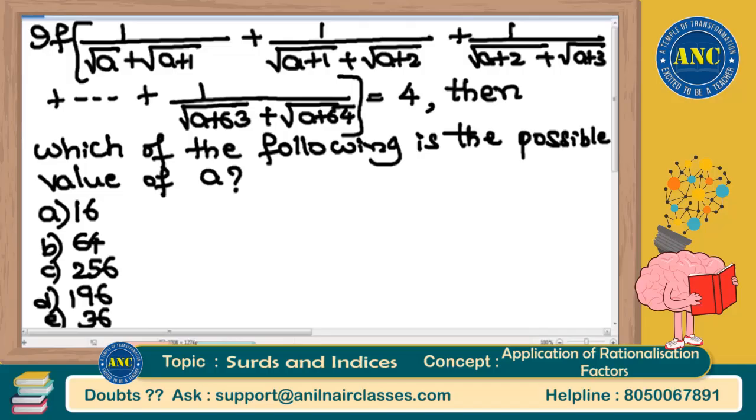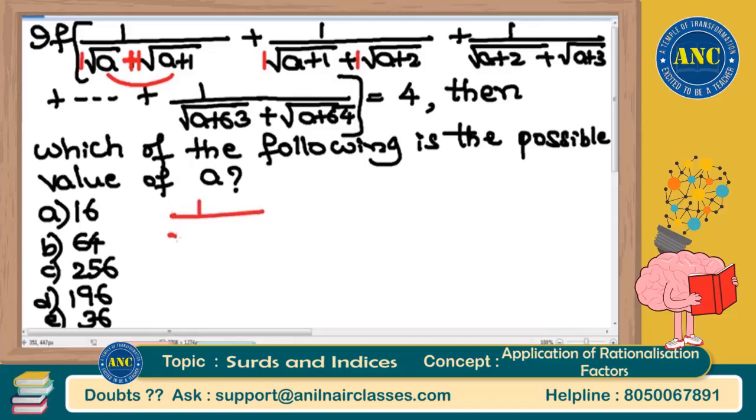Now listen to this carefully, sir. Same logic, can I use it once again? Definitely yes. Can I say it is 1 by root a plus 1, 1 by root a plus 1, 1 by root a plus 2. That means the denominator will be the subtraction of these two, a plus 1 and a. The difference of a plus 1 and a is nothing but 1, right? So the denominator will be 1. The numerator will be the same terms with the sign interchanged. But students might make a mistake here.